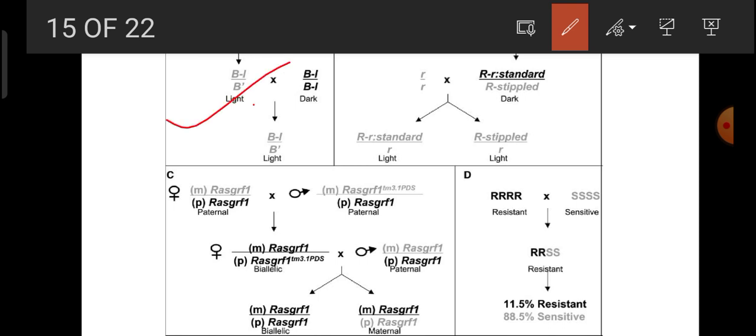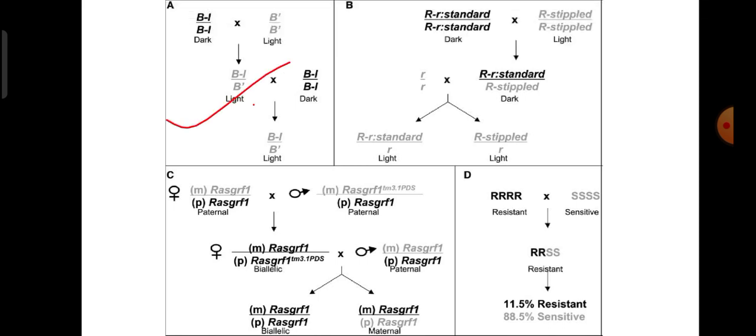In this figure, you may find that there are two alleles or genes responsible for dark and light color. Okay, B1 is dark colored and B dash is light colored. When these two genes are present in two different parents and crossed, what will happen? We'll get the F1 which is having light pigmentation. Okay, this is all related with anthocyanin pigmentation.